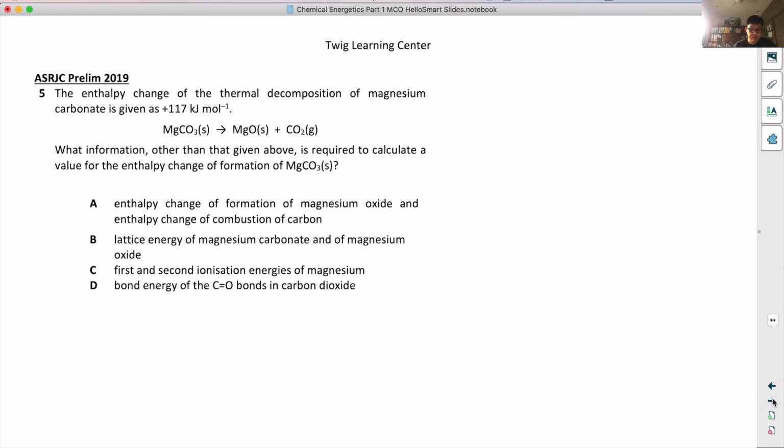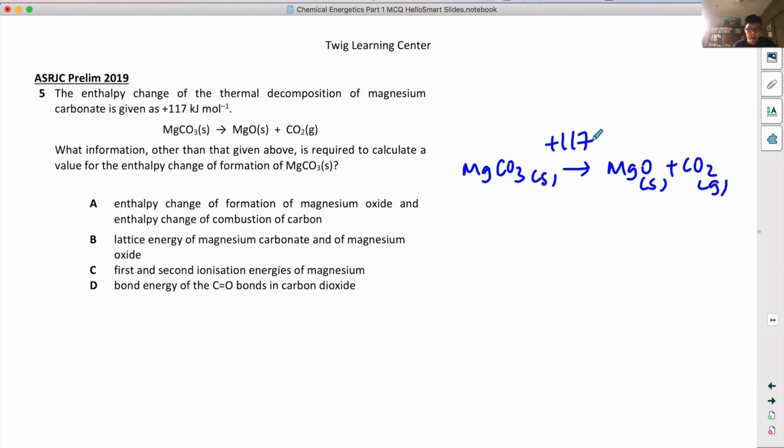Question 5. The enthalpy change of thermal decomposition of magnesium carbonate is given. What information other than that given above is required to calculate the value for the enthalpy of formation of magnesium carbonate? I'm going to write down the equation first. Magnesium carbonate, and the value here is plus 117.